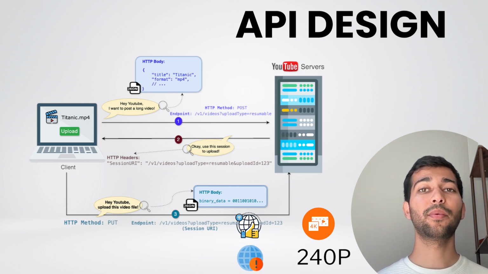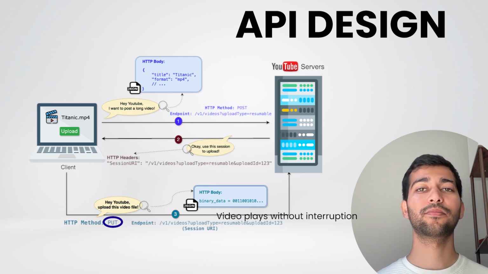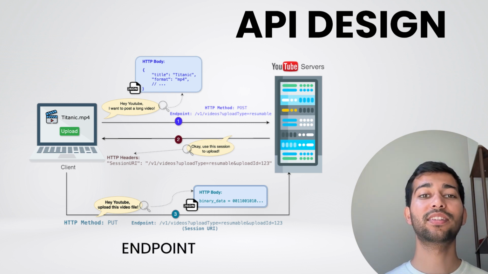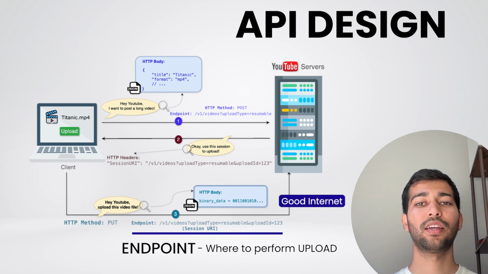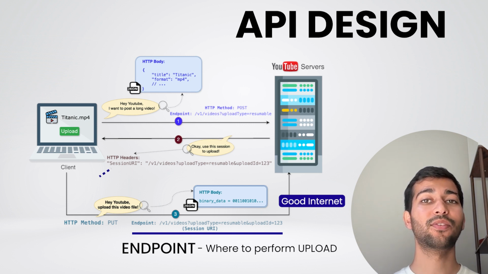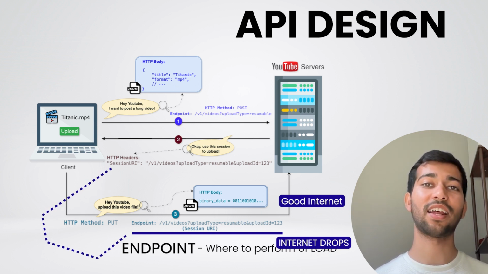The HTTP method is put here since we want to upload the actual video data to the given session URL. Since endpoint tells where to perform that action, that is where to perform the upload, we use the session URI provided by the server in the first request. Now since we got the session URI in the first response, we will use that as our endpoint here.